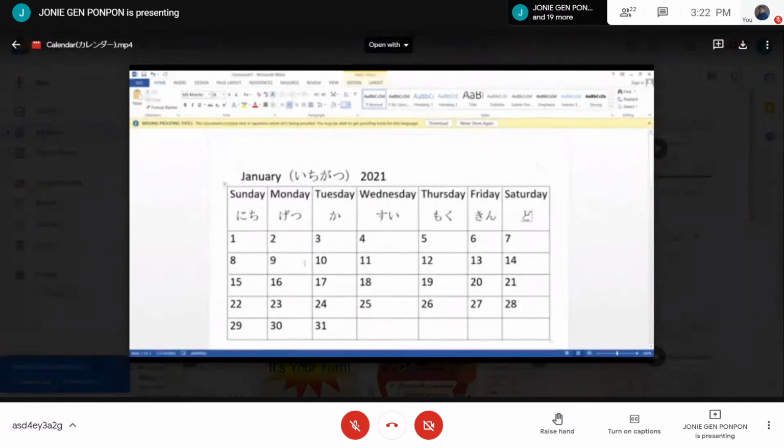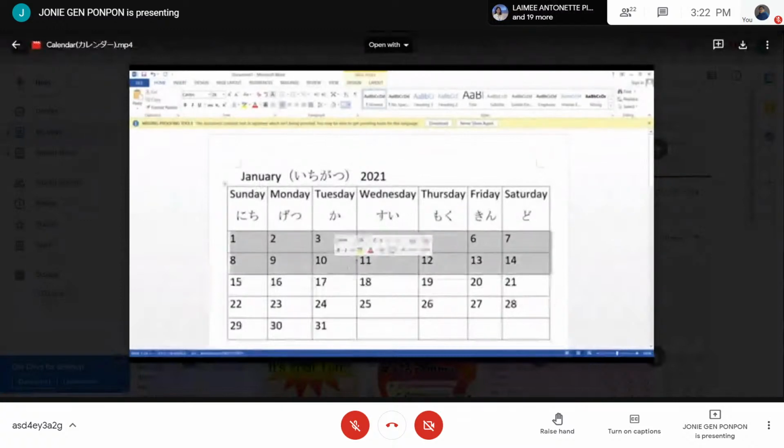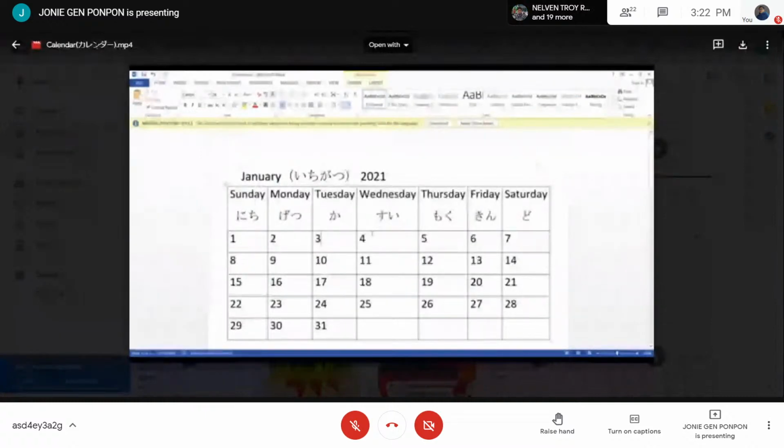Take note that the first day of the month to the 10th day, the first, second, third, fourth, fifth, sixth, seventh, eighth, ninth, and 10th day of the month, is an exemption.